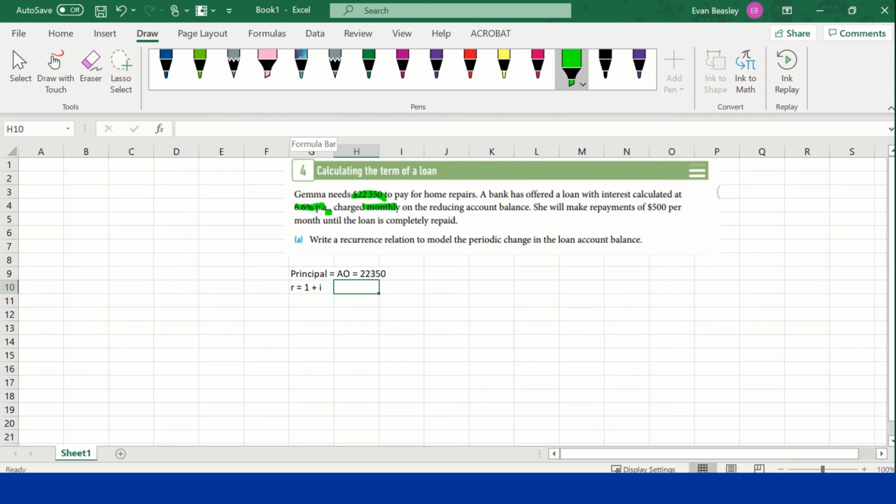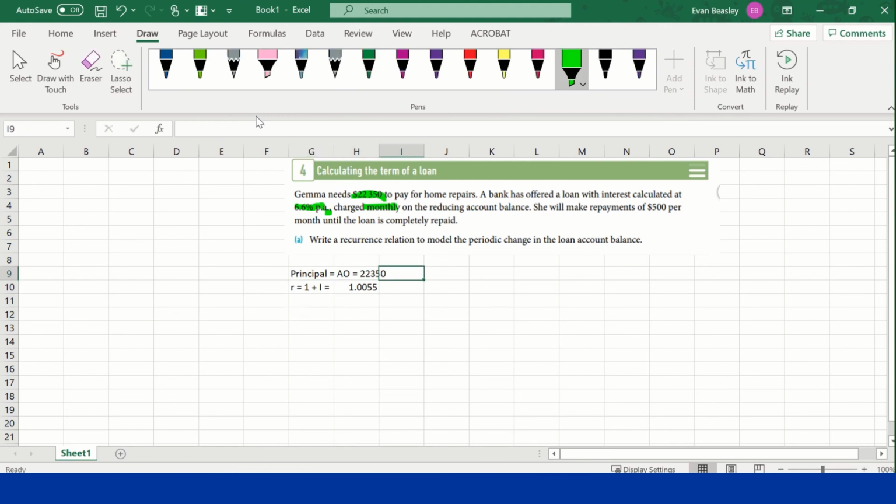So we say 1 plus, open brackets, 6.6%, which is 0.066, and it's charged monthly, so divided by 12. So we've got a growth rate of 1.0055. Does that look right? A twelfth of that has to be pretty small. So I may as well put an equal sign there to make it look nice.